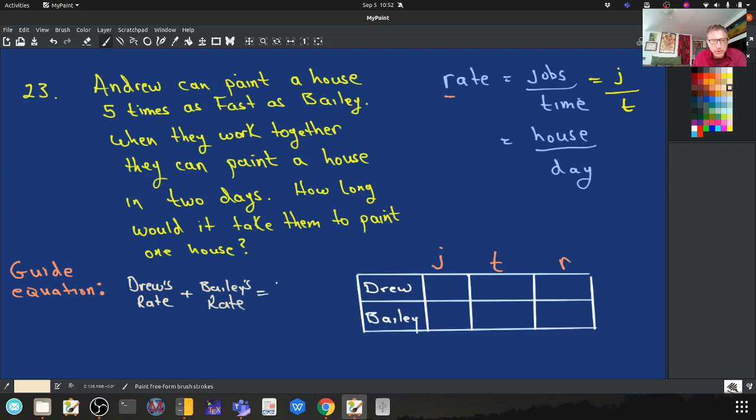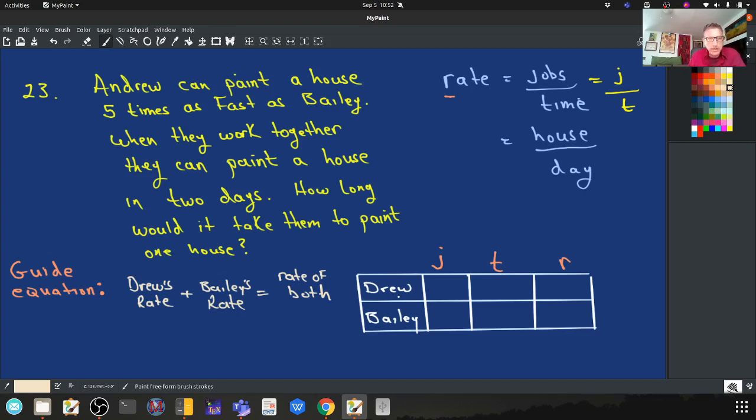It's equal to the rate of both. So we're talking about if you add a rate to another rate, you get another rate. That's important. So we're going to use this equation to help us out.